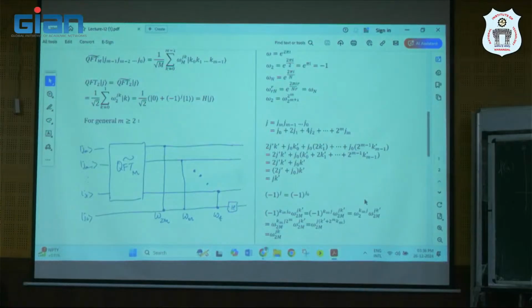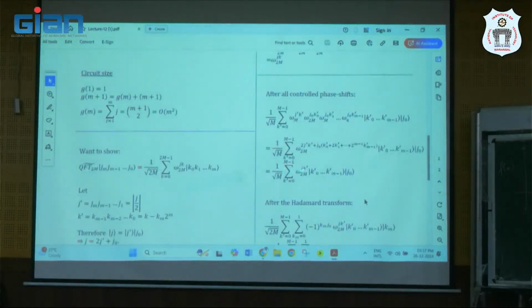Another thing, of course, we know minus 1 to the J is the same as minus 1 to the J naught, because when you raise to the power minus 1, only whether it's odd or even matters. So only the last bit matters. Anyway, we'll come to this later. This you understood, J K prime.